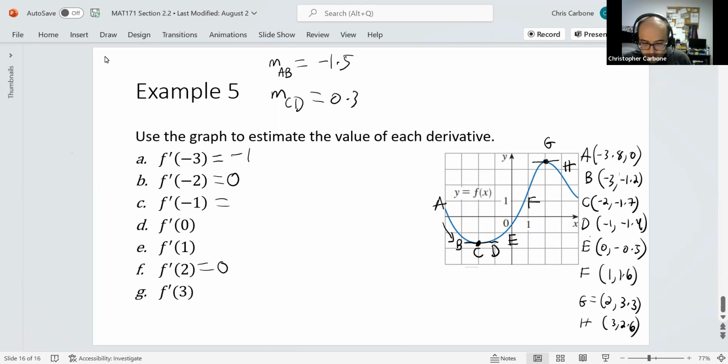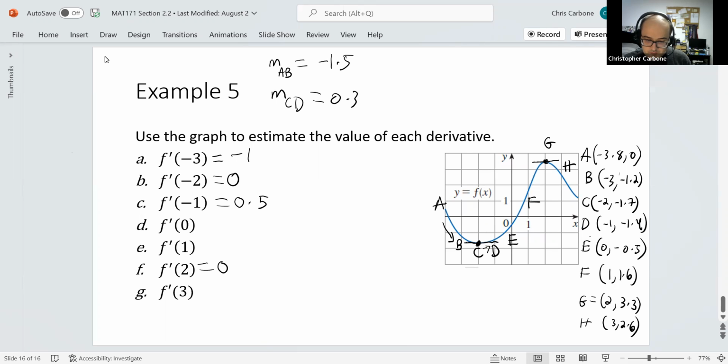Again, we want to approach that point D, and it doesn't increase too much. We got a slope of 0.3. A good estimate for the slope at that point would be about a half.